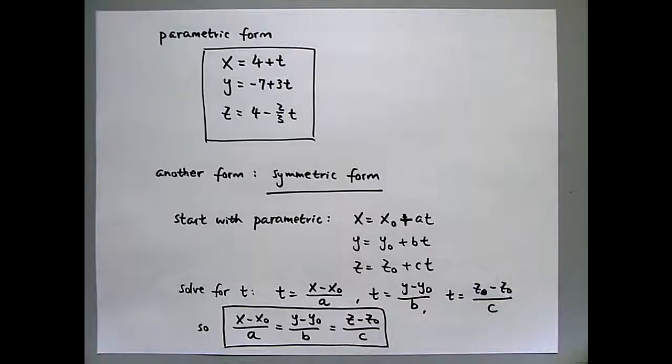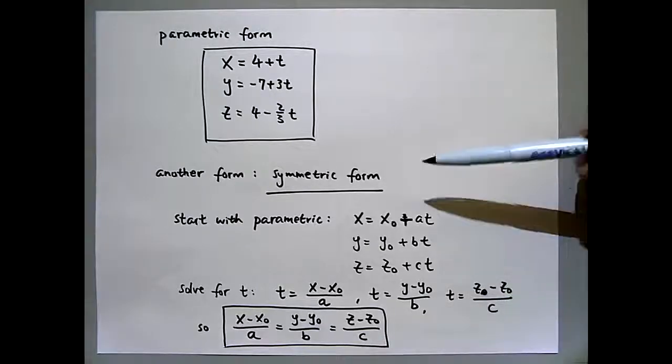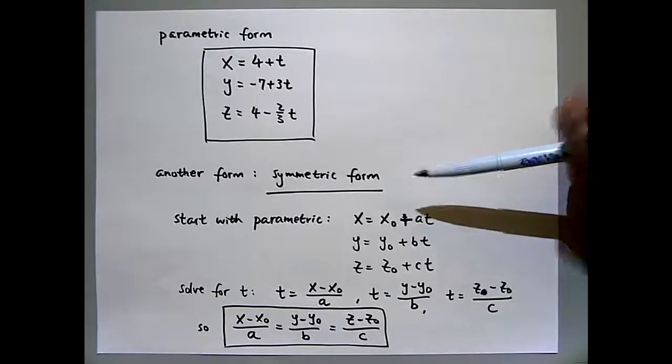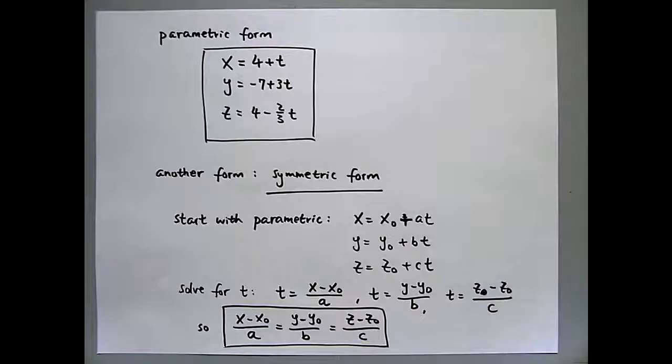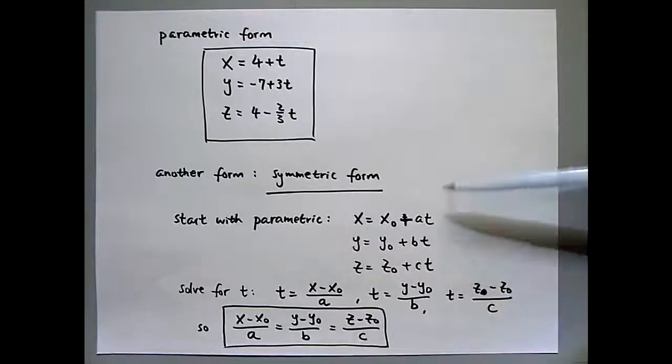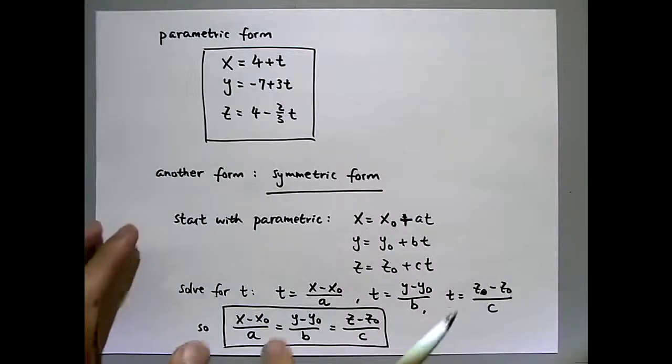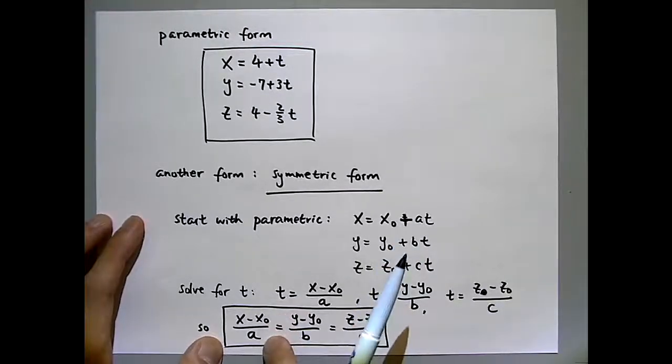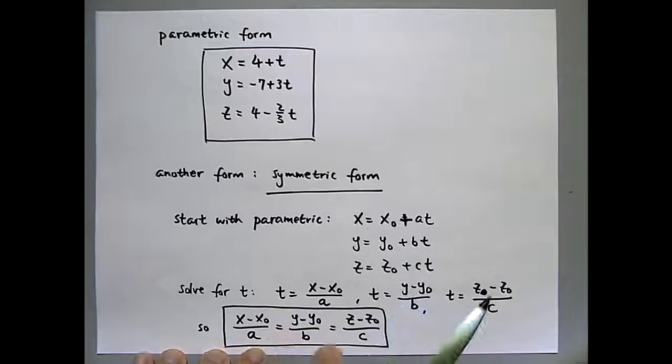So right here, this is kind of an unusual looking equation, but this is what's called a symmetric form of the equation. Symmetric because if I give you a value of t, you will be able to find out x, y, and z, right? So all of these things are equal. Basically, the rate of change of x divided by its slope in some way is equal to the rate of change of y divided by its slope, and so on. So there's a symmetry in some sense.